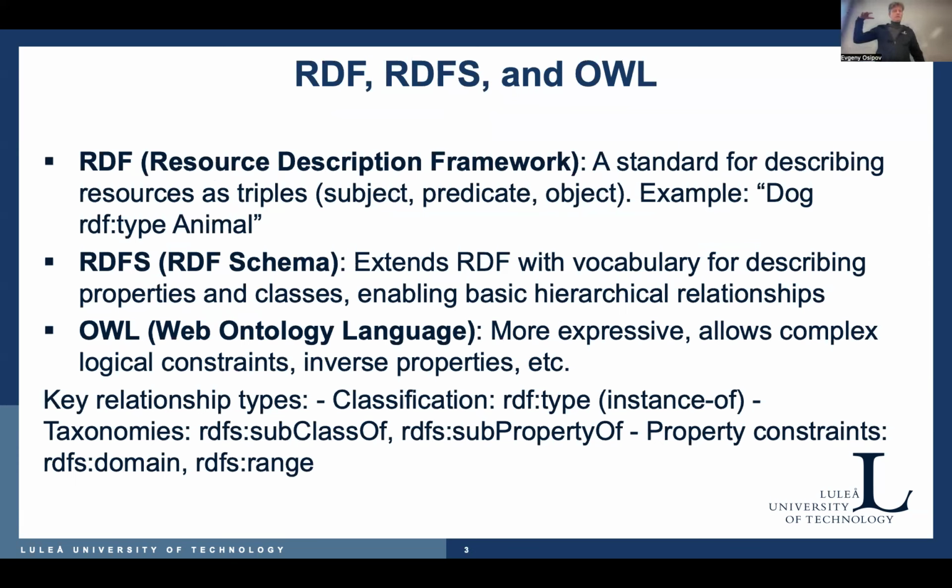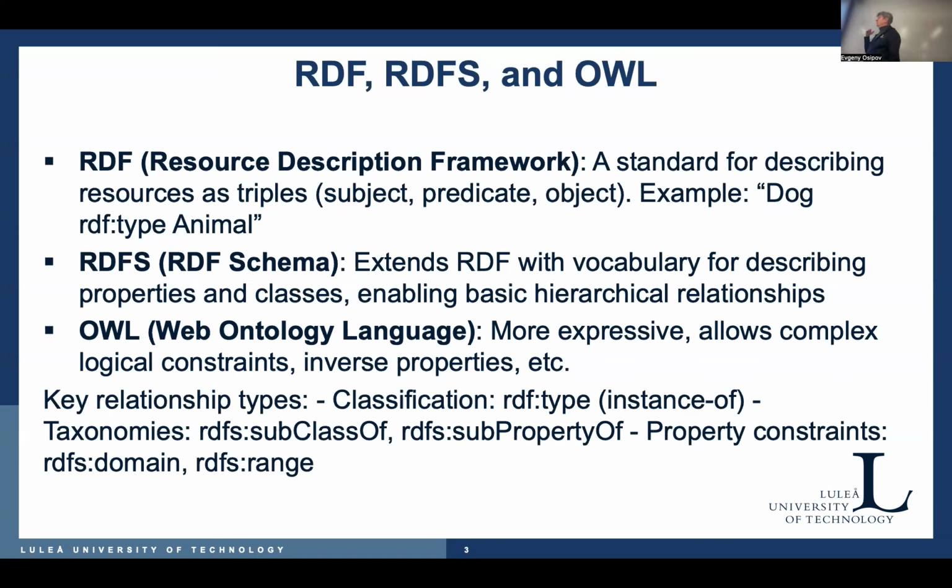So underneath the ontologies, we have these three concepts: RDF, RDFS, OWL. OWL is the most expressive of the languages. RDFS is already good enough for creating simple ontologies. OWL offers much more than RDFS.